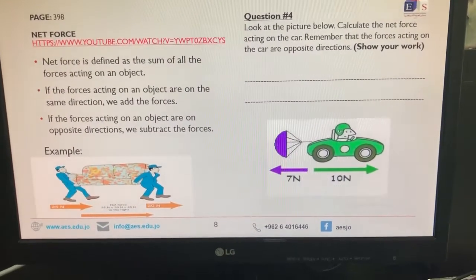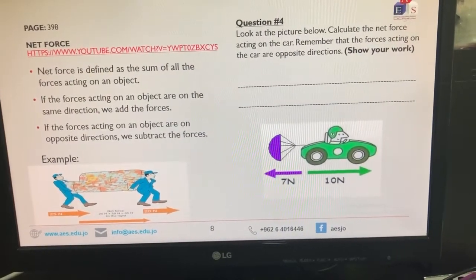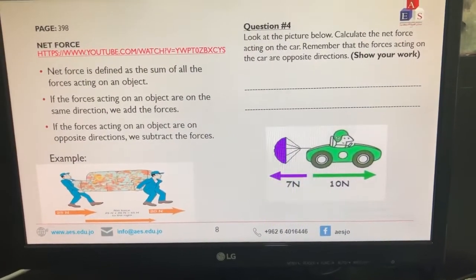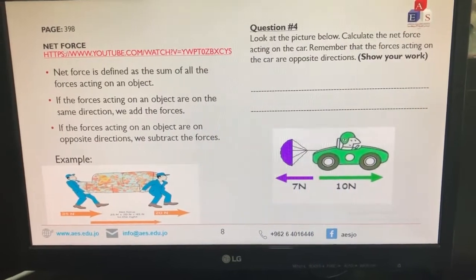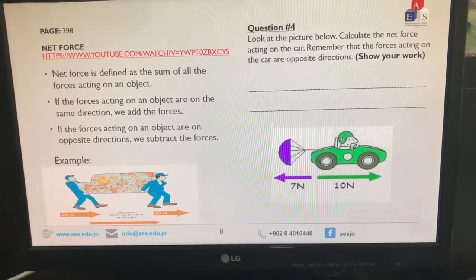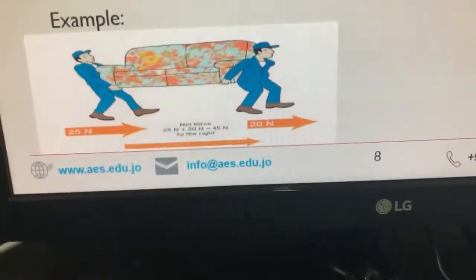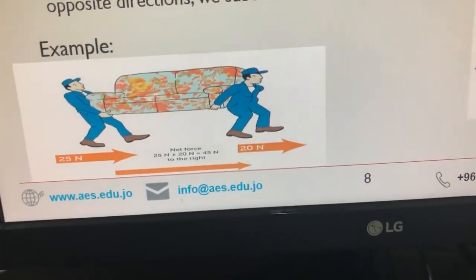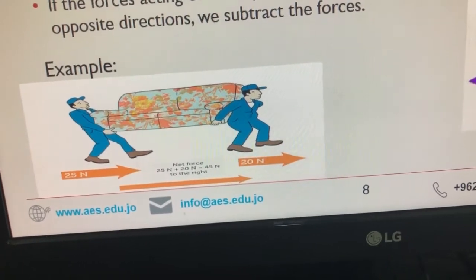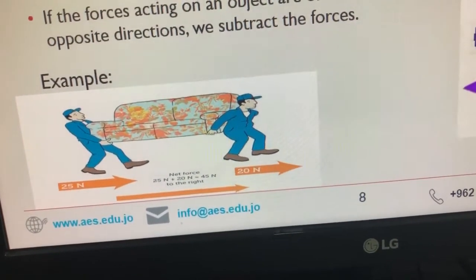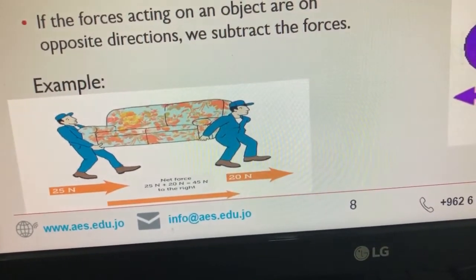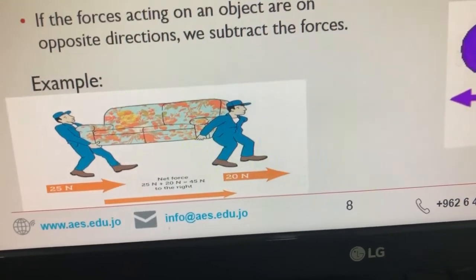We can have many forces acting on an object in the same direction, or we can have many forces acting on an object in different directions, all right? So I want you to pay attention to this example very closely. Now we have two forces acting on the couch, 25 Newton going to the right and 20 Newton also going to the right.